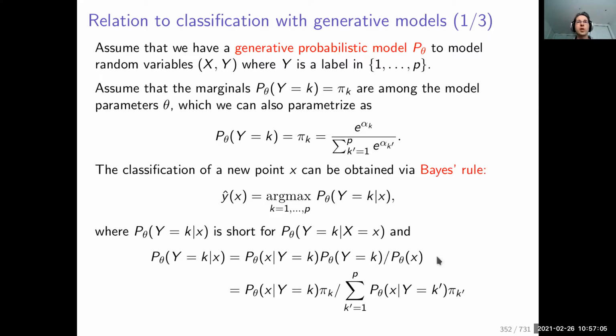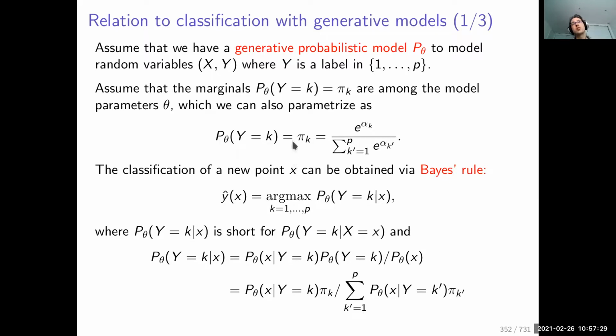So for that, we need to make a few assumptions. So what are the assumptions? We simply assume that the marginals pi k, which is simply the a priori that you have specific labels without looking at the data x, are among the parameters theta that we fit to our model.